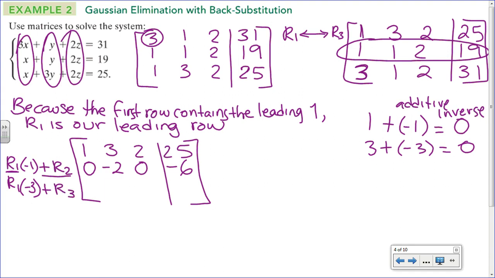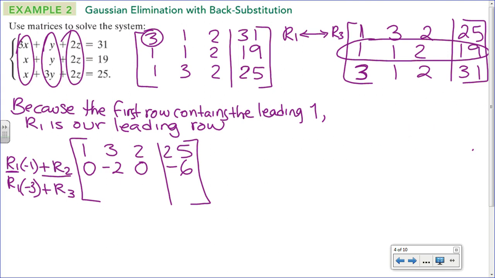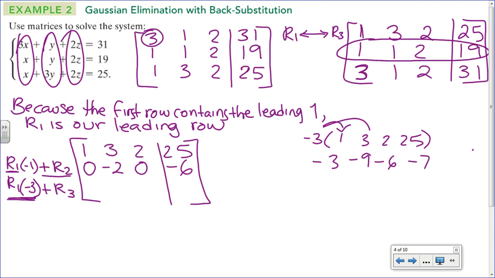So I'm going to do my scratch work here. So we'll have negative 3 times R1. That's what it says here. 1, 3, 2, 25. So that will give me, I have to distribute, remember? So negative 3, negative 9, negative 6, and negative 75.